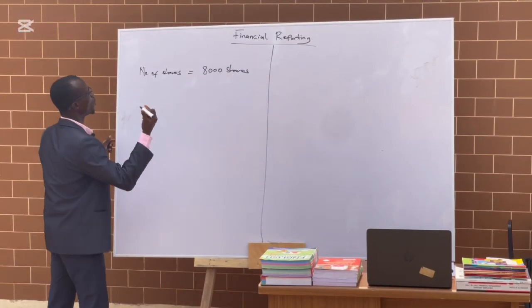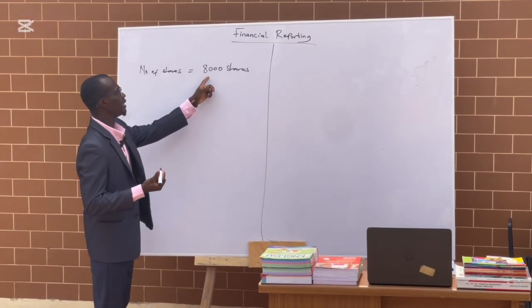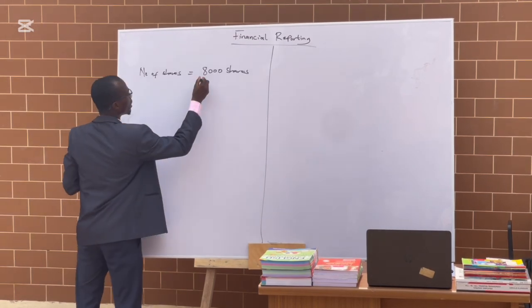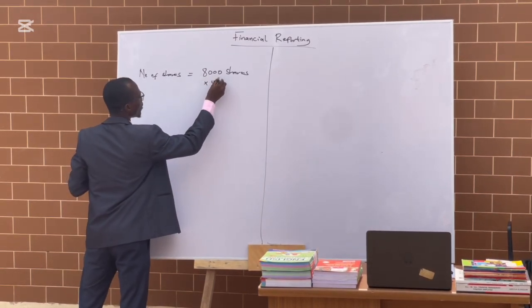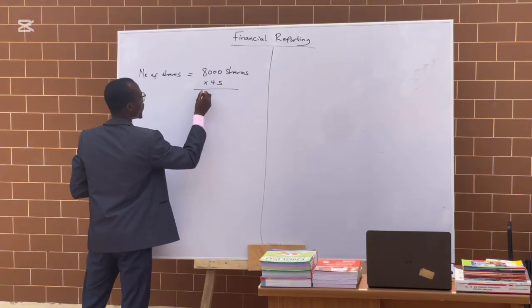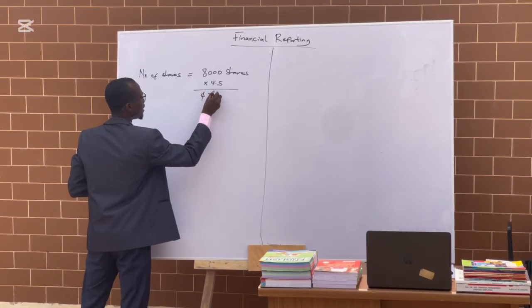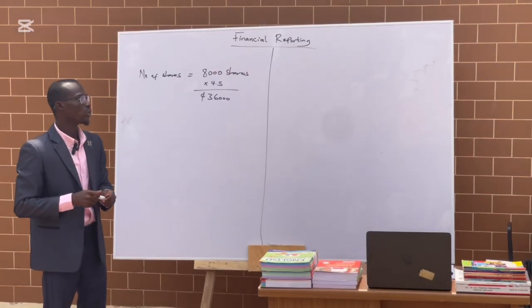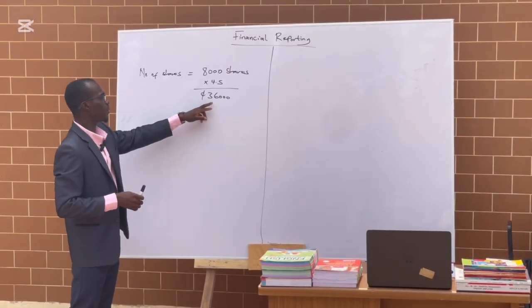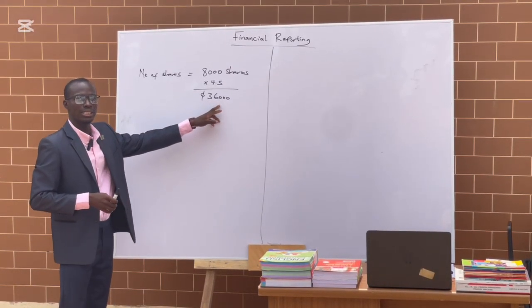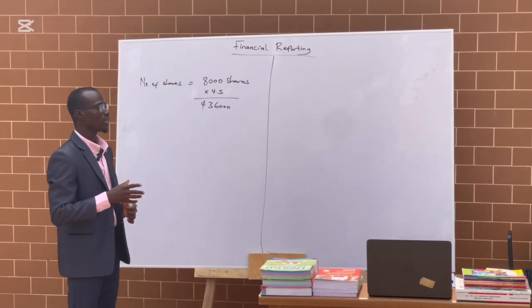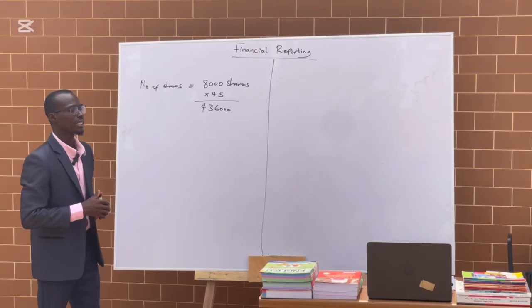So if you want to know the amount this 8,000 shares is going to be accounted for, you just multiply by 4.5, and we had 36,000 cedis. This will be the amount in shares that the parent is going to pay to the subsidiary for acquiring the shares in the subsidiary company.